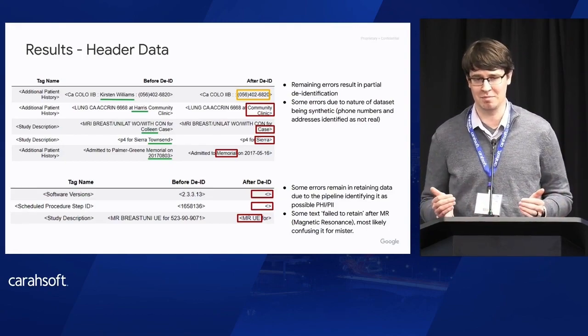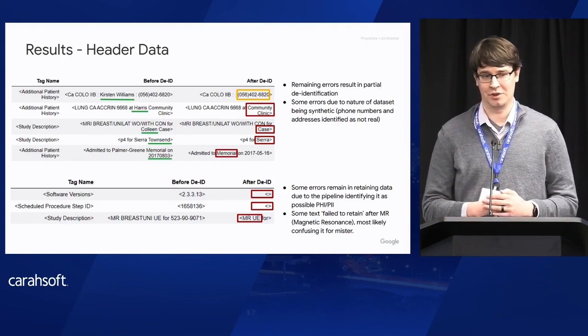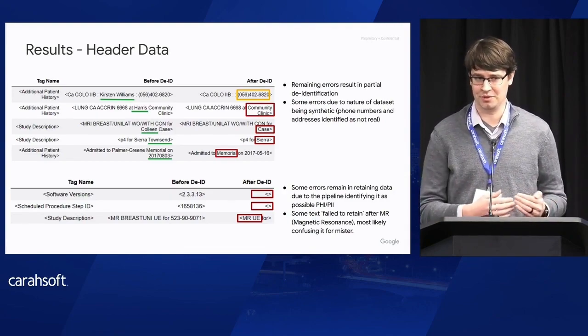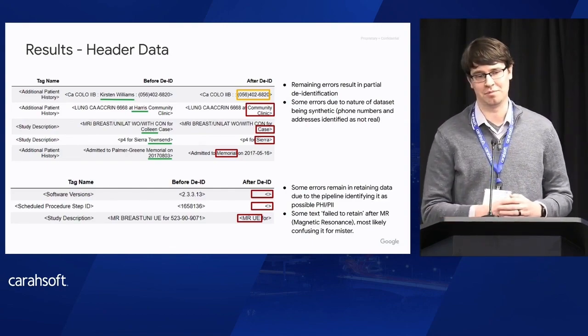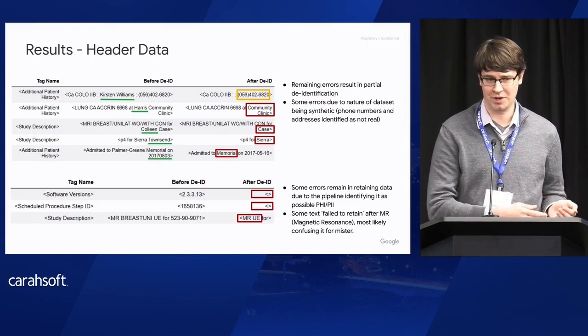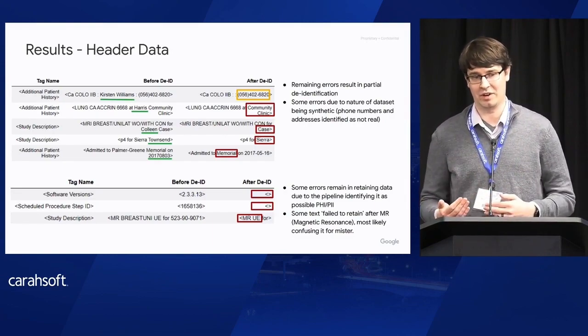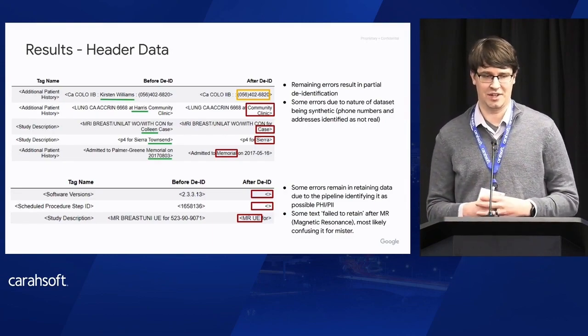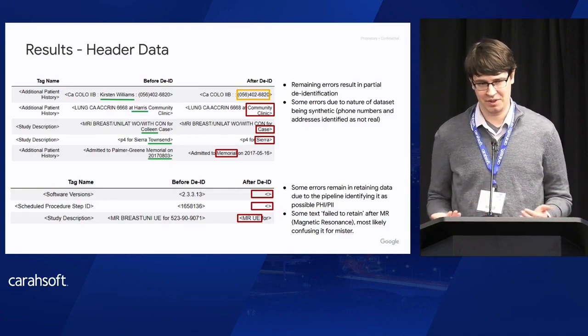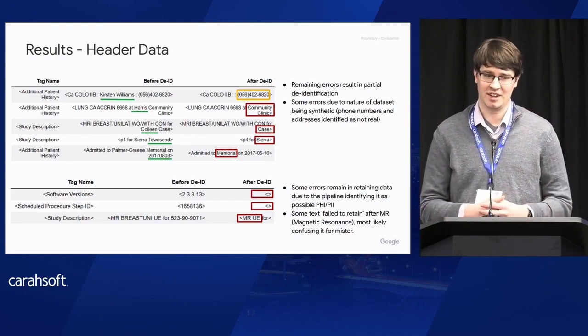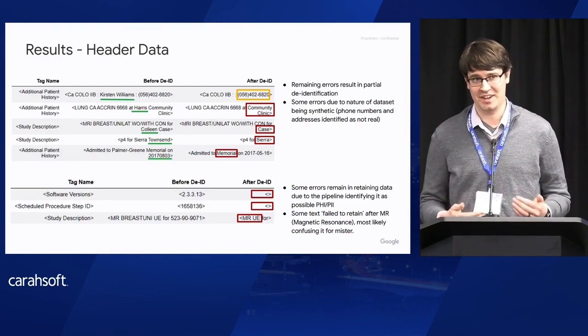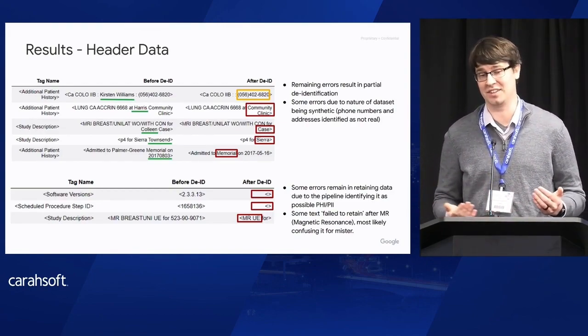So this number is completely impossible. What the Google de-identification tool would do is identify it as already being de-identified. And we saw this multiple times, not only with phone numbers, but also with a lot of addresses. A lot of addresses that were part of the synthetic data were completely made up, and the Google tool identified them as already being de-identified, even though we were trying to get it to de-identify something that didn't exist.